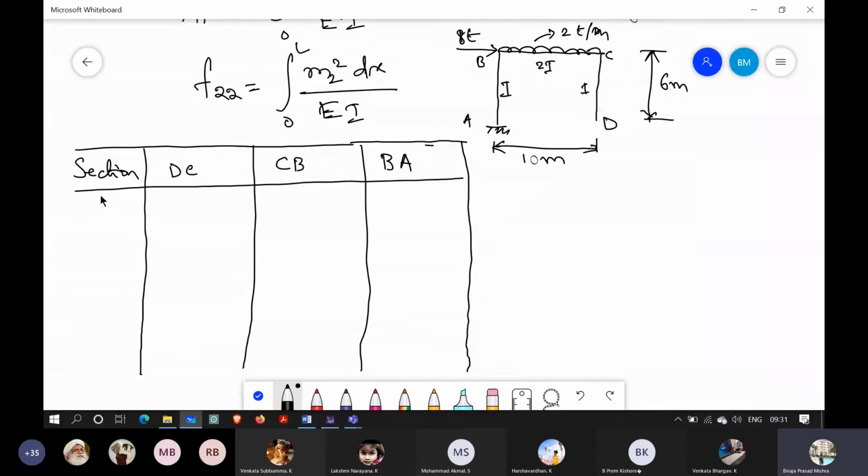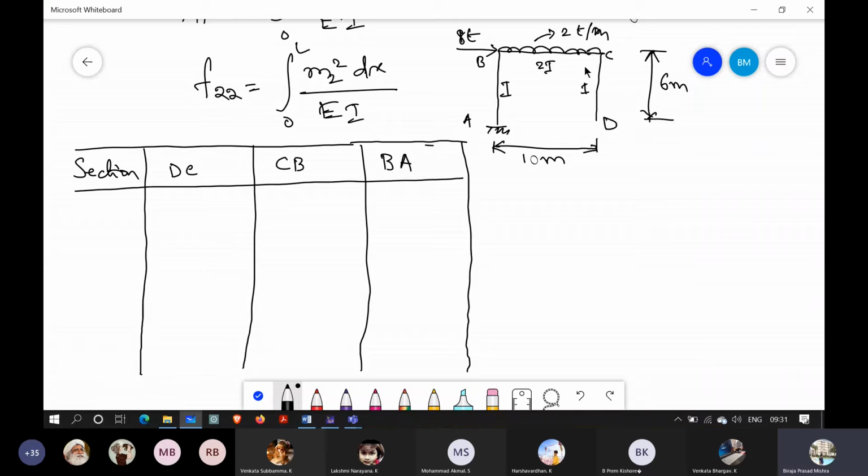Now the next one is the limits. Limits means from what length to what length it is. Sorry, not limits, we will first start with the origin.